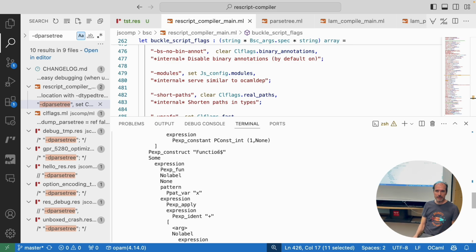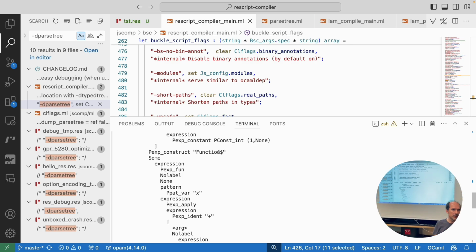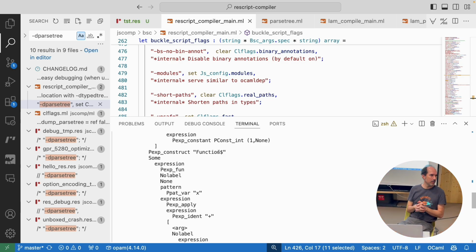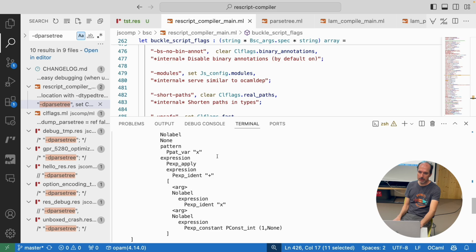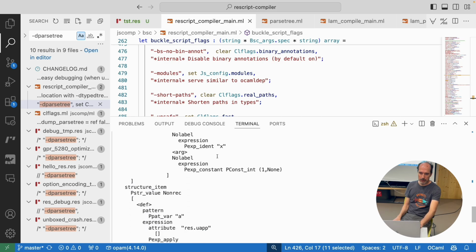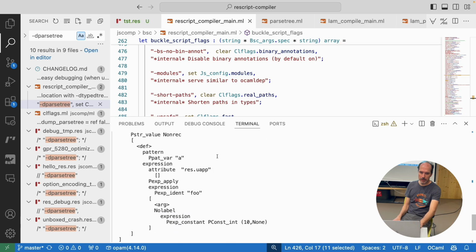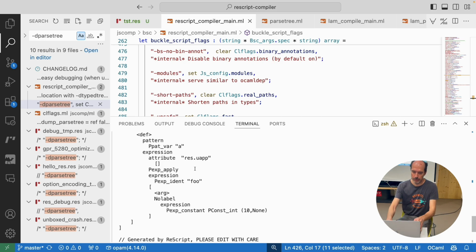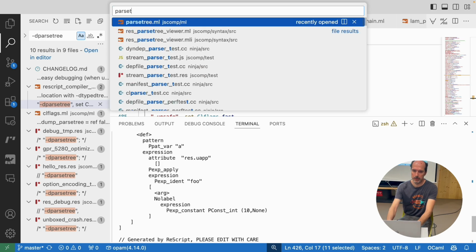So the functions are actually internally represented as a variant with an internal name $function. And then inside you get the actual function. And that's it. And then in the case of application, there is an attribute which says unary application. So far we're at this level.